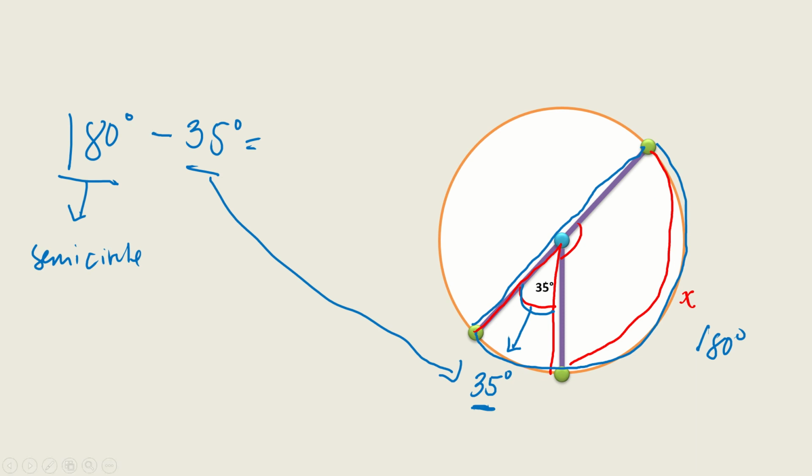So, matitira natin is the measure or the value of x, and 180 degrees minus 35 degrees will give you 145 degrees. So therefore, the value of x is 145 degrees. So therefore, this x, itong arc na to, measures 145 degrees.